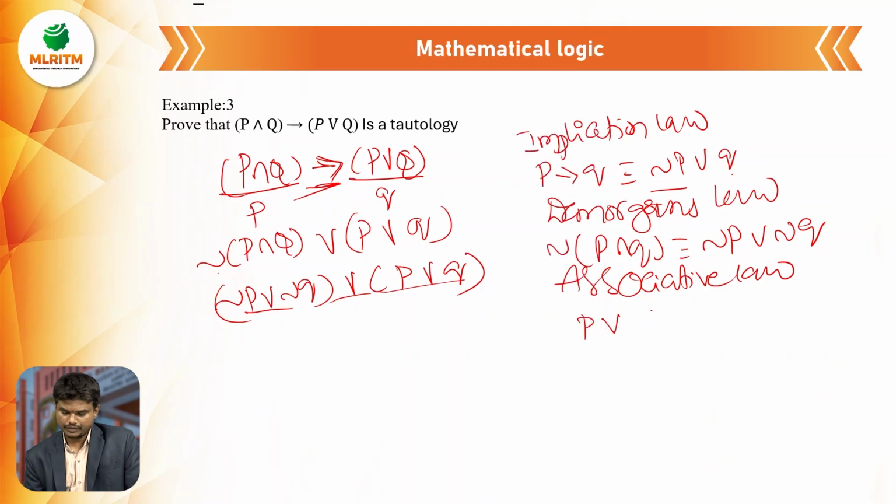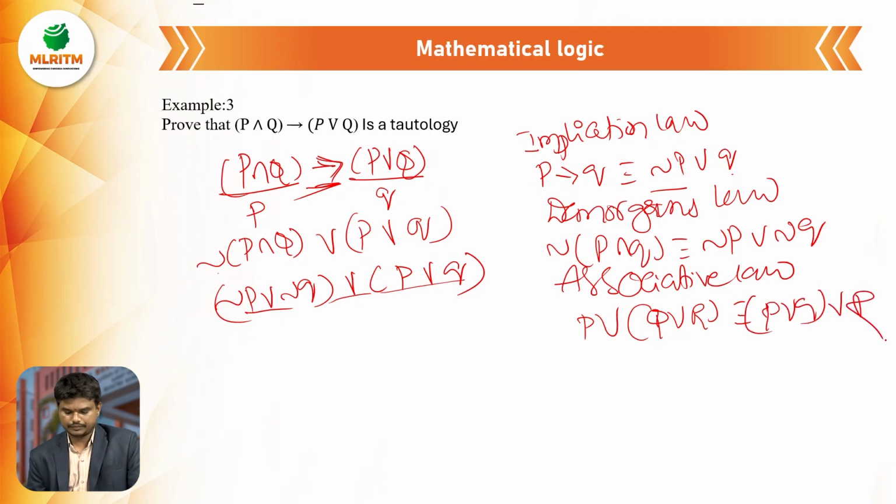(P ∨ Q) ∨ R is equivalent to P ∨ (Q ∨ R). So we use the associative law and we apply the commutative law also.